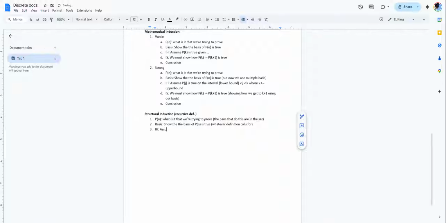Inductive hypothesis is assume we have an arbitrary pair. So now you want to assume we have an arbitrary pair that also meets this requirement is true.